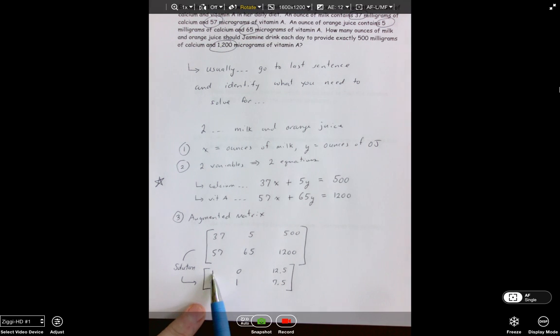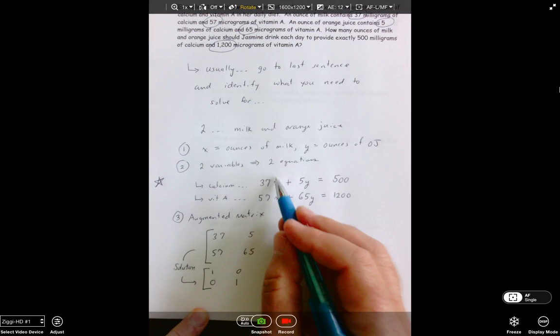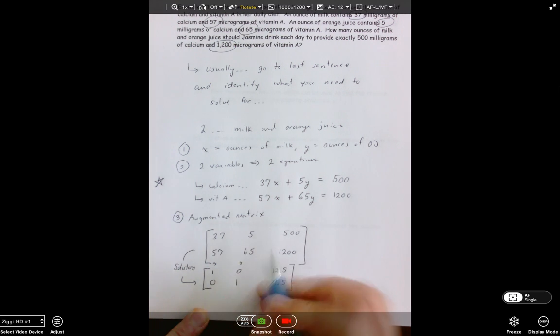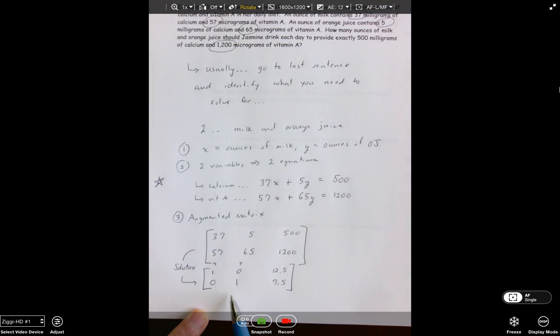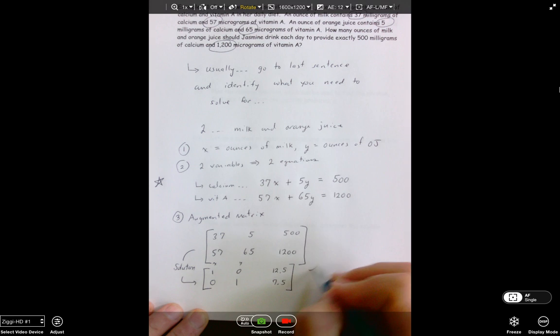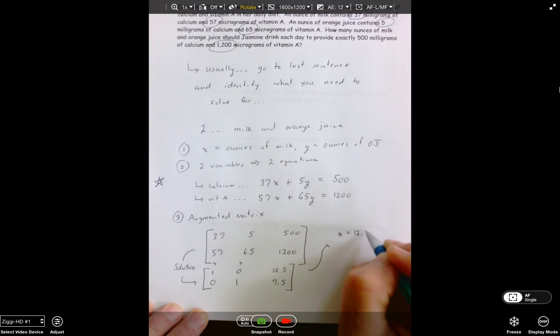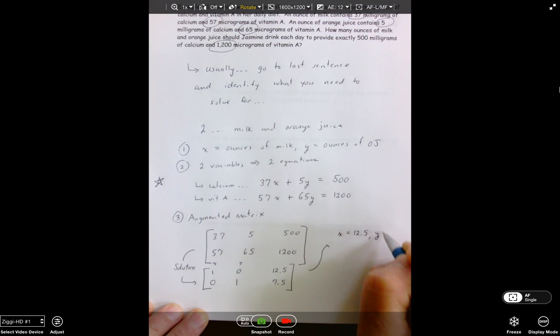So this right here stood for my x, because remember that we had our x's and our y's. The first column was my x, the second column was my y. So this tells me that x equals 12.5 and y equals 7.5.